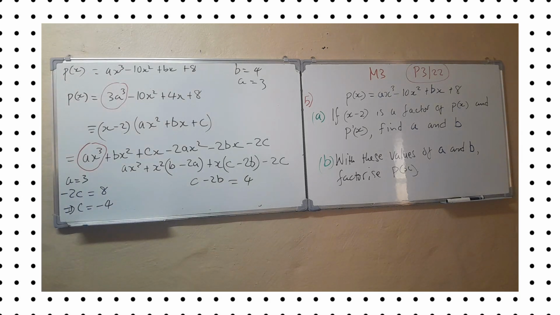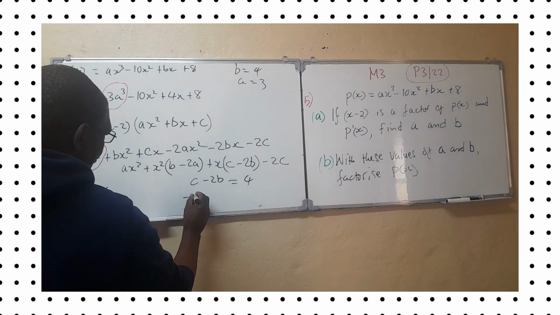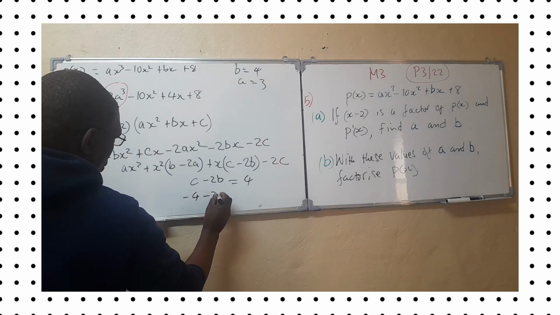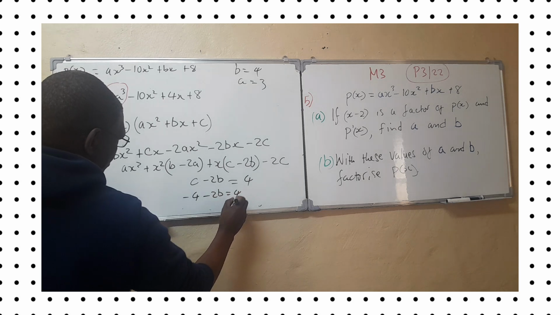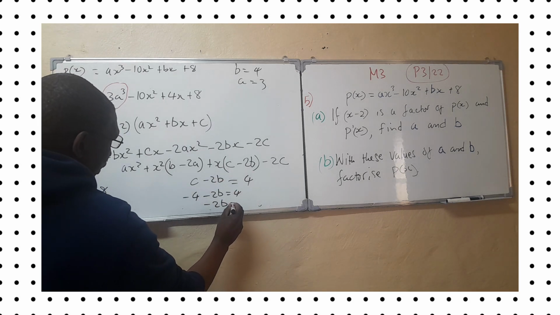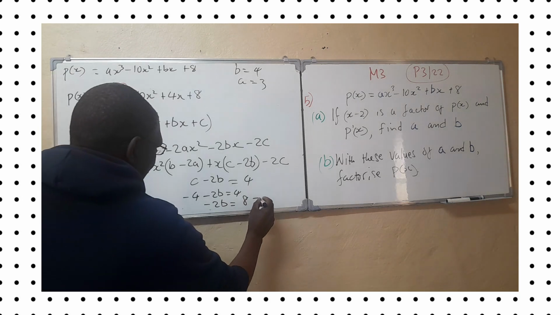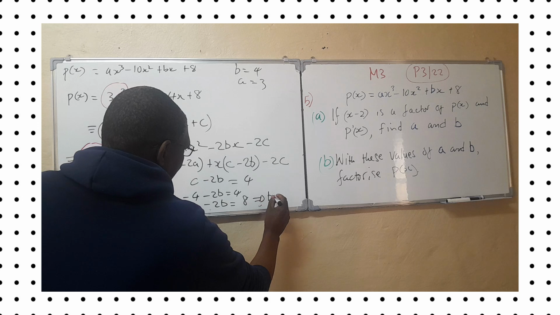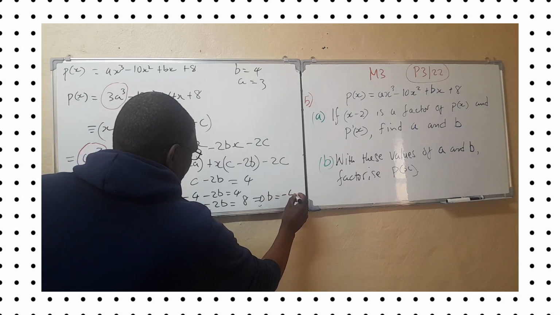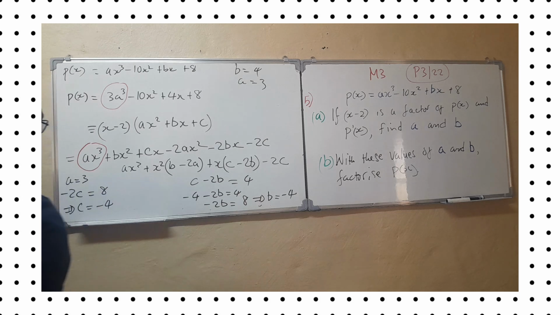But what is c? c we have found is minus 4. So we can say minus 4 minus 2b is equal to 4. Taking 4 to that side, we have minus 2b is equal to 8, which implies that b is equal to minus 4. So minus 2 times minus 4 gives me a plus 8.